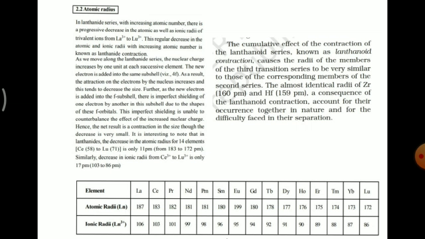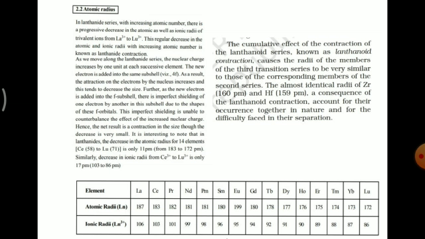In D block elements, with increase in atomic number, first as the effective nuclear charge increases, the atomic radius decreases. Then next, the increase in effective nuclear charge and the screening effect balance each other, compensate. So atomic radius remains constant.